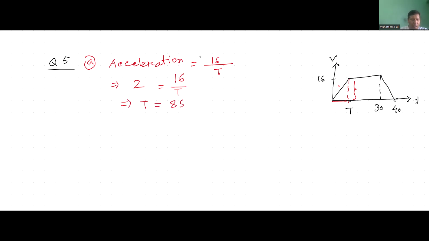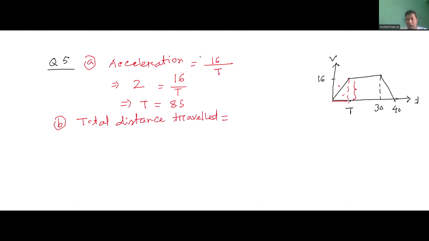Part B, the total distance traveled. That means we should find out the total area under the curve. So the total figure, we can consider this a trapezium. So we will use the trapezium formula.